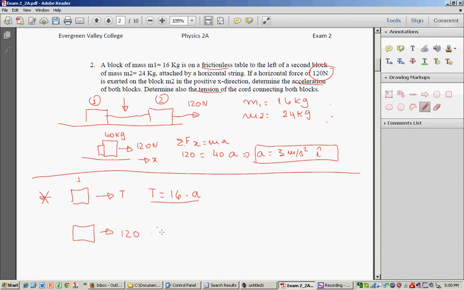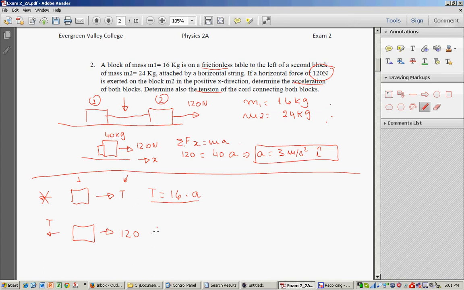But anyway, you have a force to the right, and this tension here is now pulling the block to the left, retarding the motion. So the tension is not a different force from the one that pulls block number 1, but is its action-reaction force, which means this T force has the same magnitude as the other one, but acts in the opposite direction.